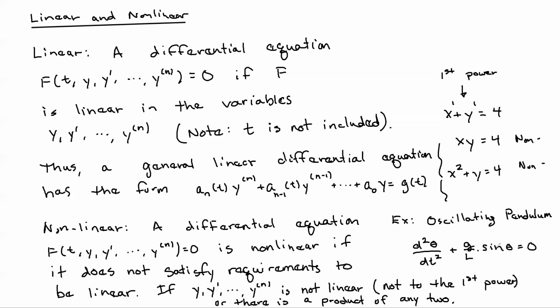Why would this be nonlinear? The unknown function that you're trying to find is theta. Are all of the thetas to the first power? The second derivative is to the first power. However, this one is not to the first power. It's inside of the sine function. If you had g over L times theta, not sine theta, then it would be linear. But the sine here is what makes it nonlinear.